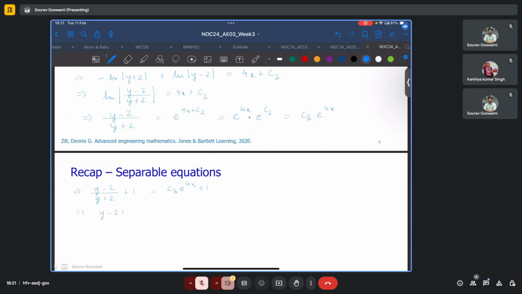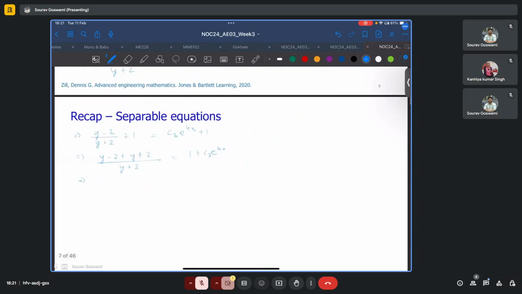And this implies (y - 2 + y + 2)/(y + 2) equals 1 plus C3 e^(4x). That is, 2y/(y + 2) equals 1 plus C3 e^(4x). So 2y is (y + 2) plus y C3 e^(4x) plus 2 C3 e^(4x).